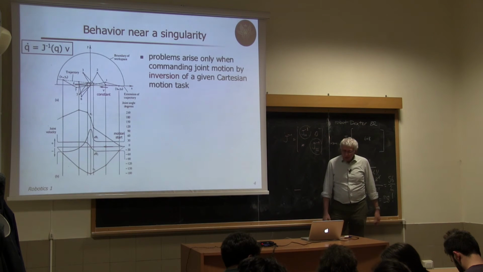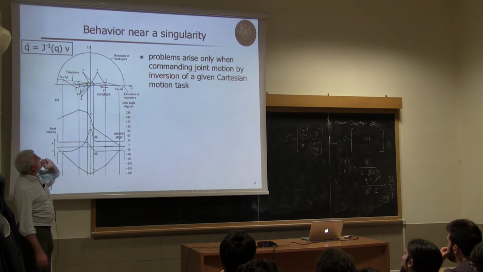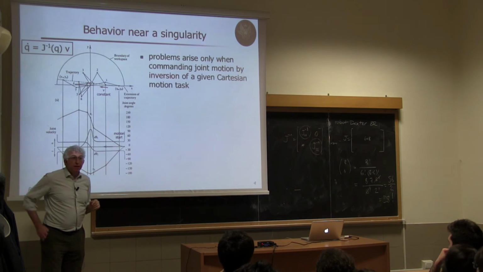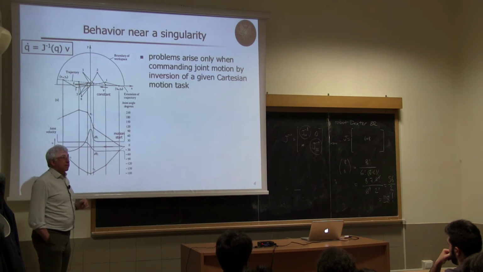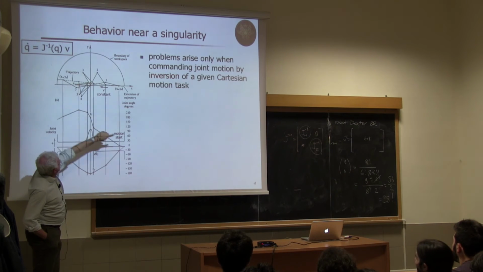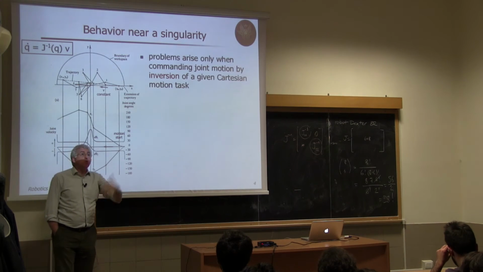Now, this is an old slide that I took from an old book, which was representing this problem of inverting the velocity mapping close to singularities. So here we see our 2R planar robot. You see the boundary of the workspace. Suppose that the two links are equal and unitary.